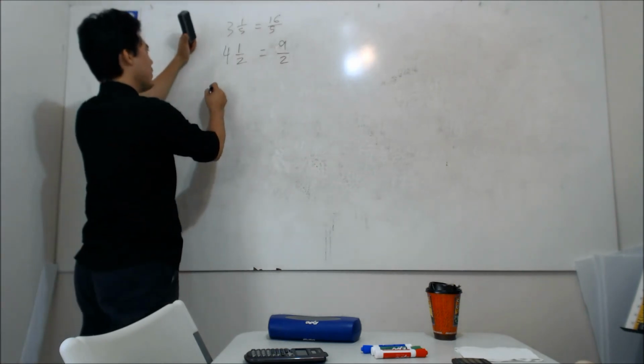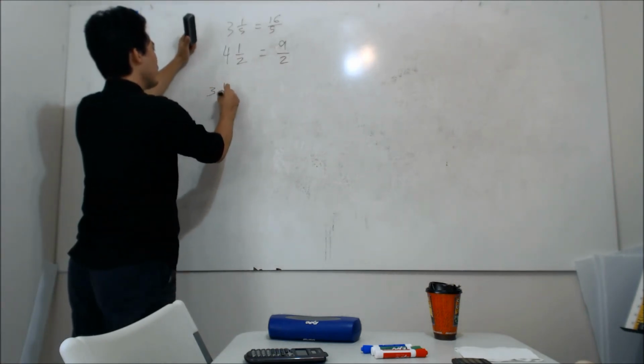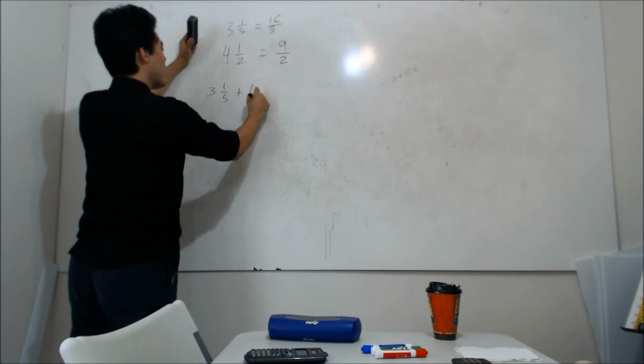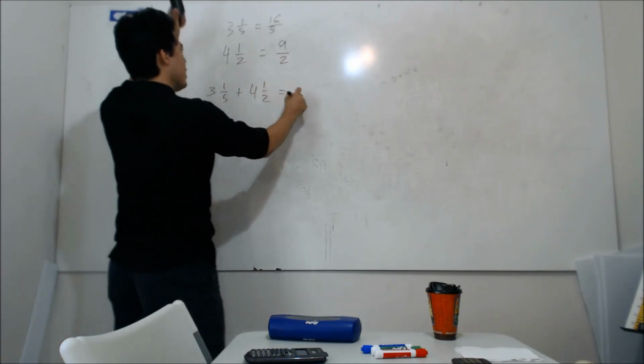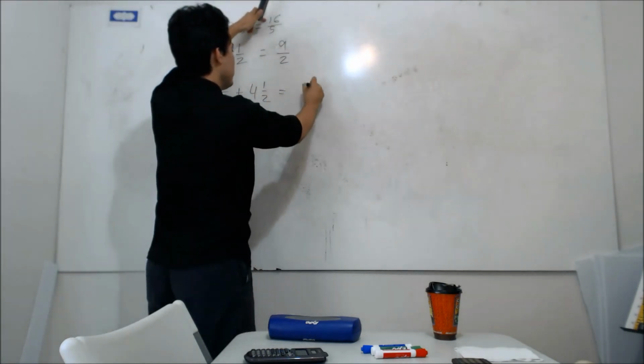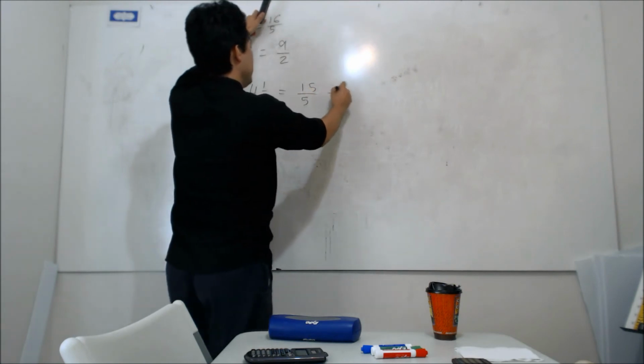So let's say we want to add them. Let's say we're given the problem 3 1/5 plus 4 1/2. This is equal to 16/5 plus 9/2.